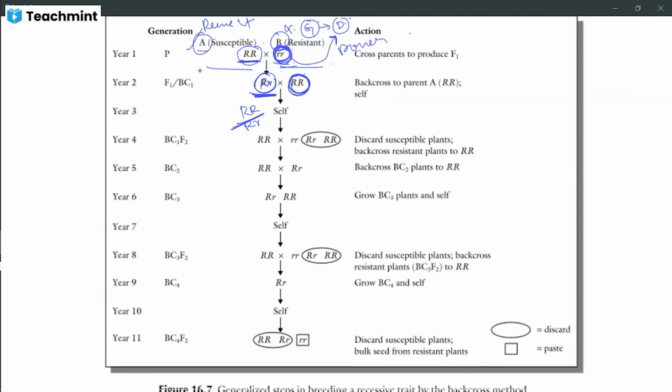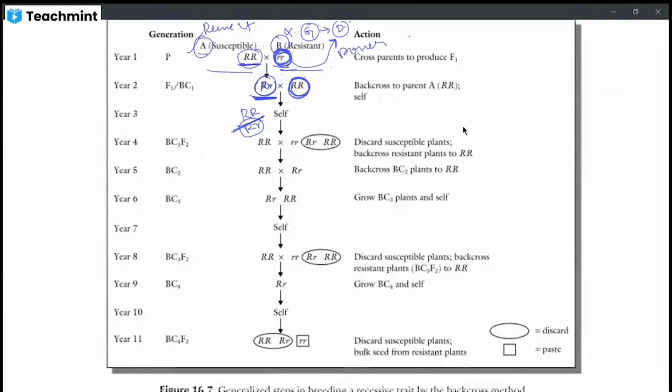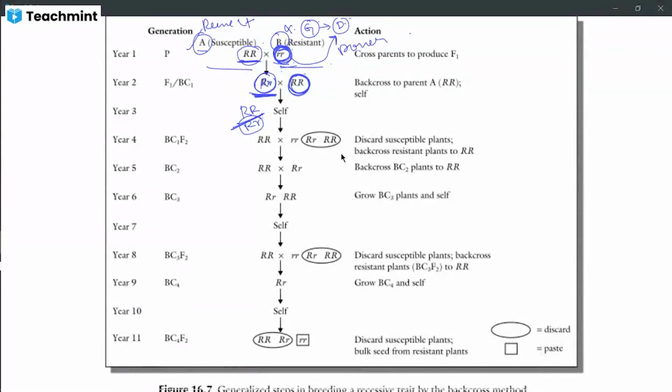Why? Resistant gene is present in the recessive one. Which plant will you select?